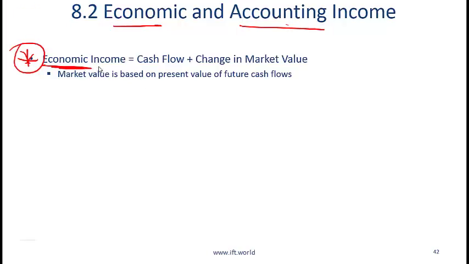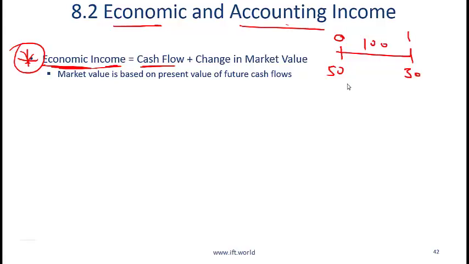The economic income from a project is equal to the cash flow that is generated in a given period. So if you have period 1, and in period 1, the cash flow generated is 100, and the market value of this project was initially 50, but the market value at the end of the period was 30.